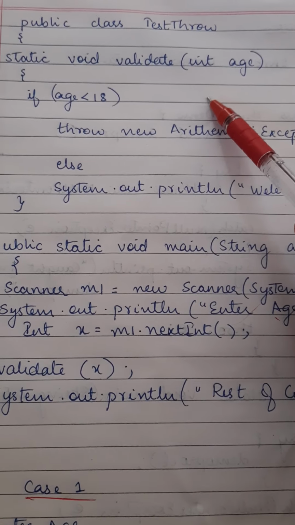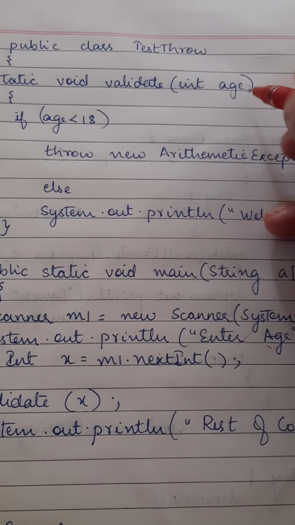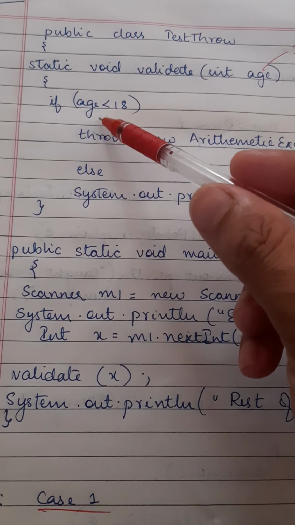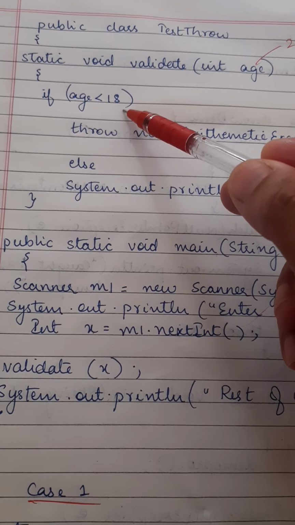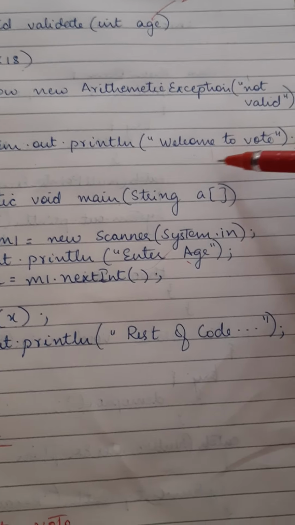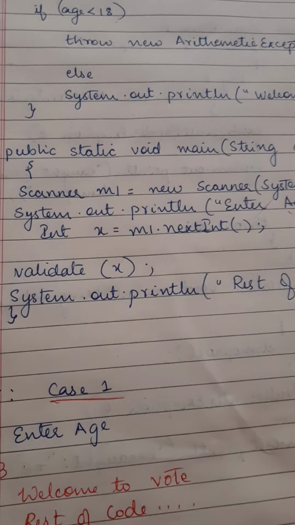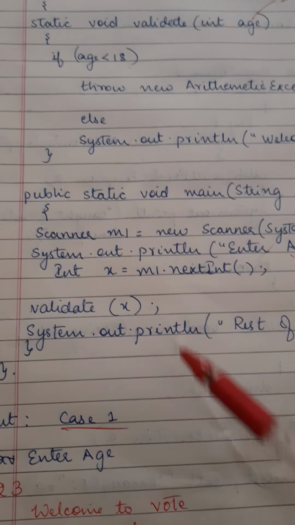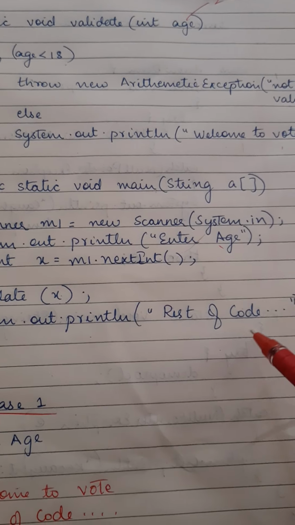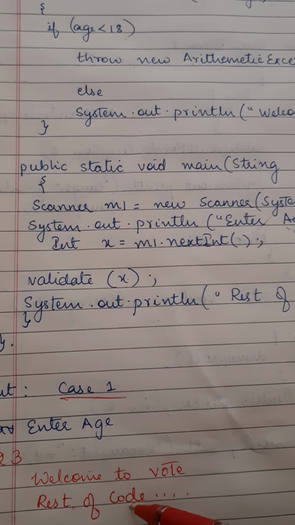It comes to the validate function, so in the first instance your age will be 23. It checks the condition: is age less than 18? The condition is false, so it comes to the else clause and prints "welcome to vote". Then control comes back over here, where I am printing "rest of code". It just prints rest of code.